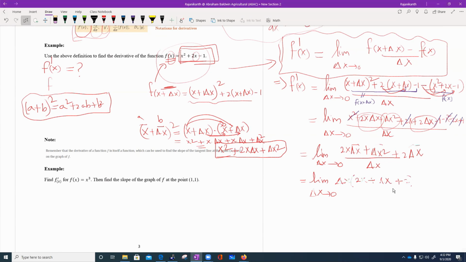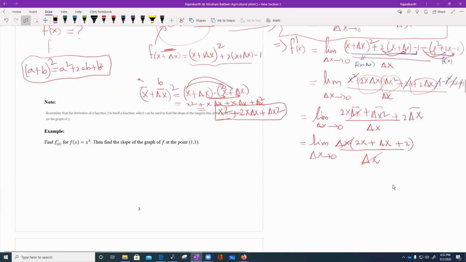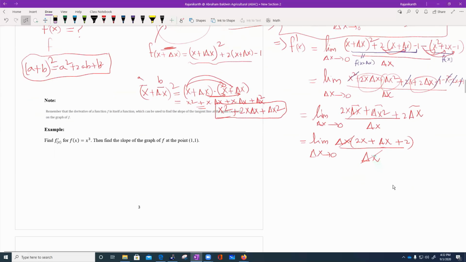I'm simply pulling one delta x out everywhere. Now you are dividing this all by delta x, so these two cancel. That means you will come up with the limit as delta x goes to 0 of 2x plus delta x plus 2.